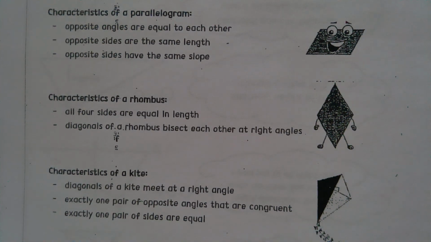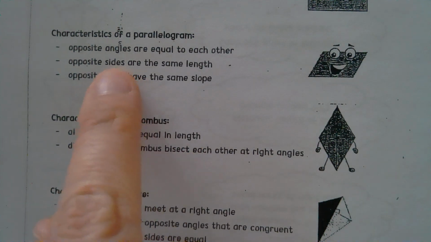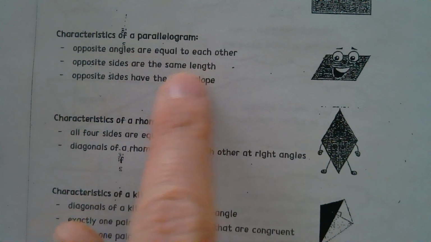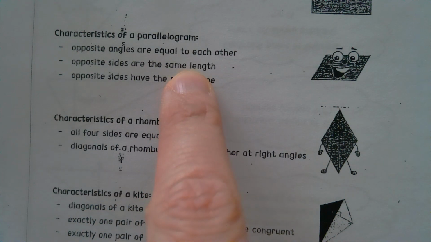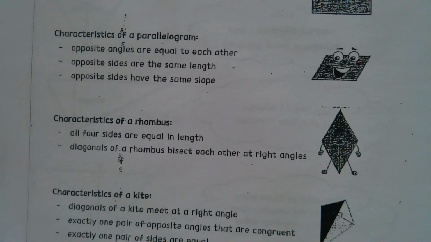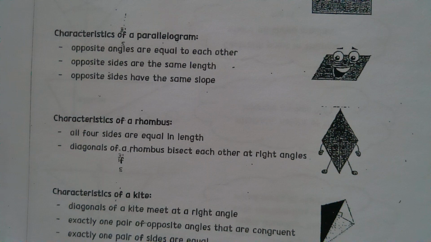Now, in grade 9, grade 10, we talked about these before. When we talk about same length, instead of using a ruler, what do we use now in grade 10? Formula, right? The distance formula. What about slope, that they're parallel?